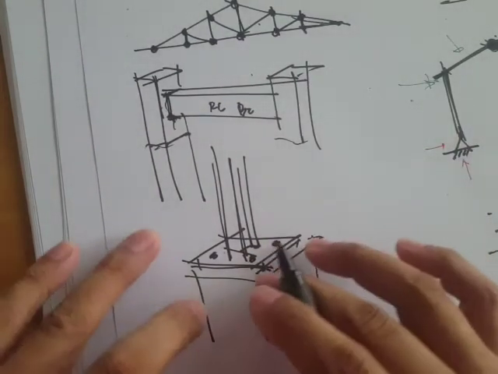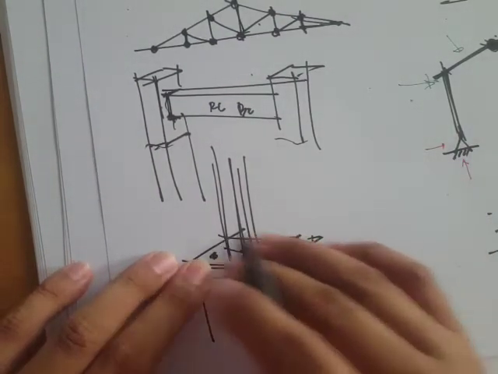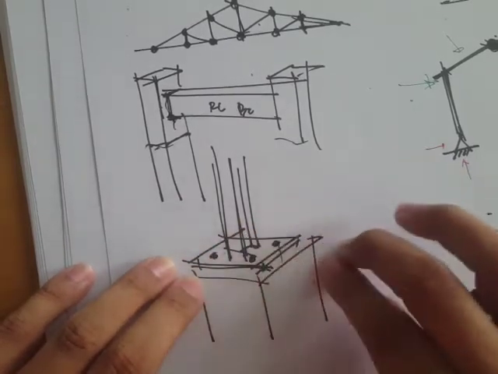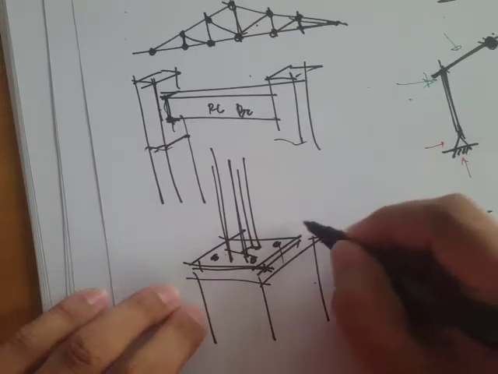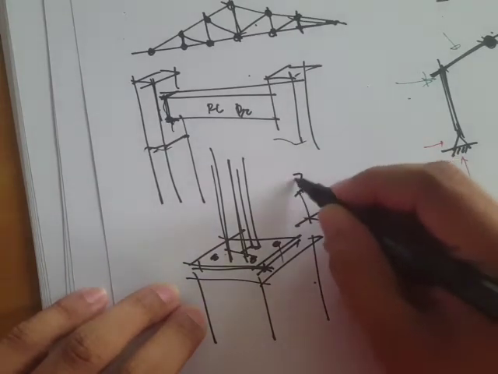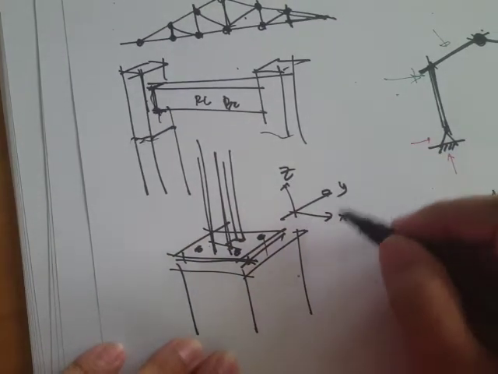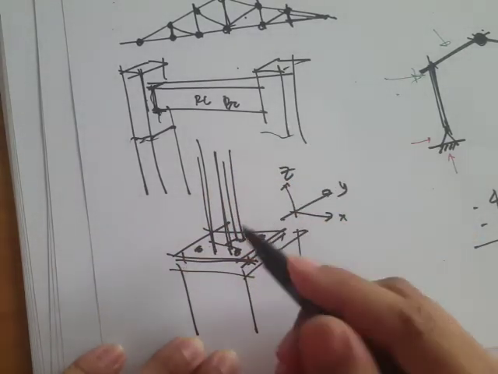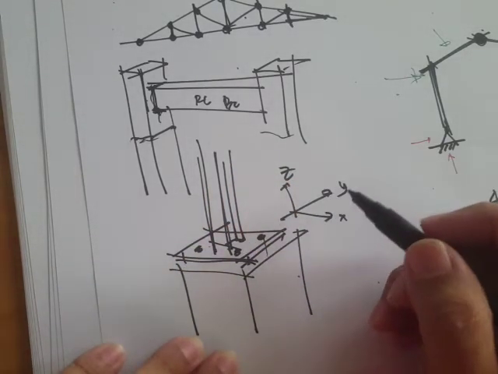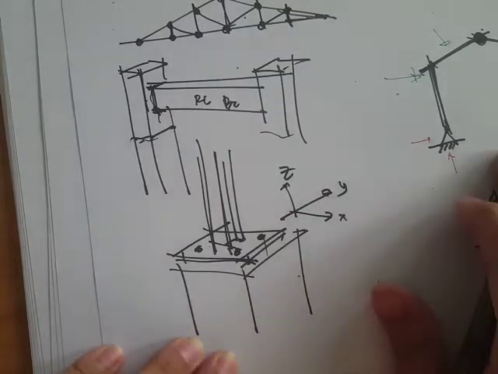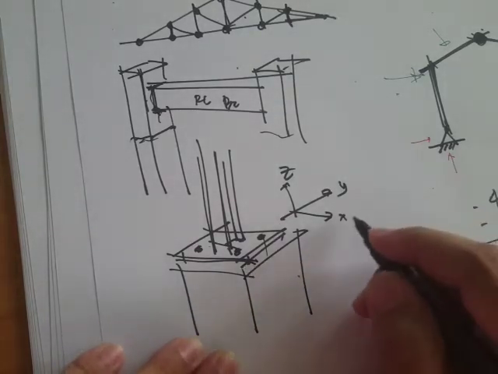If you have those four bolts, then this base plate does not allow you to move along X, Y, and Z. So that's, for example, our X, Y, Z. It doesn't allow movement along X, Y, or rotation about the Z axis. Okay, so that's going to be a fixed support.